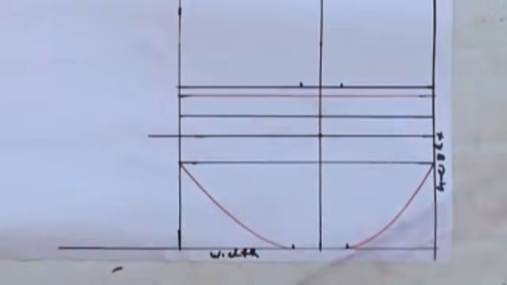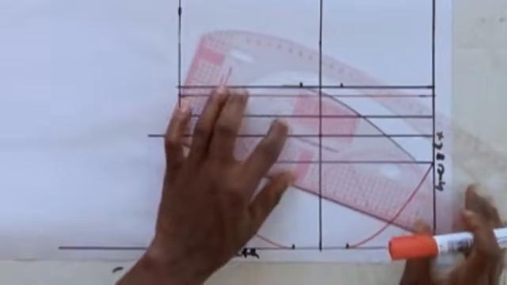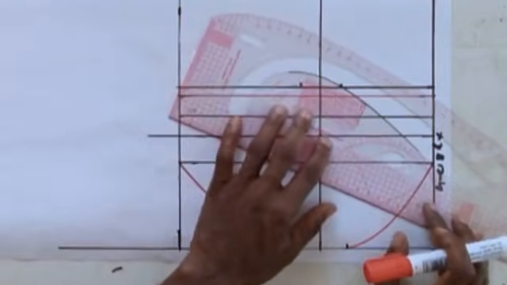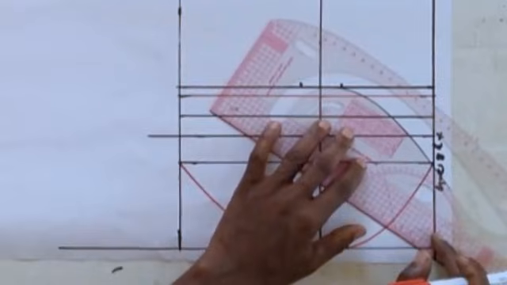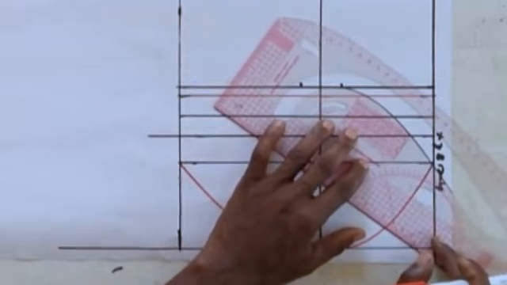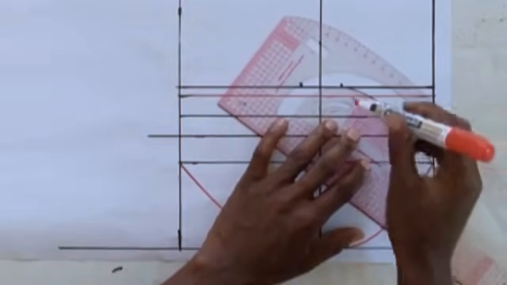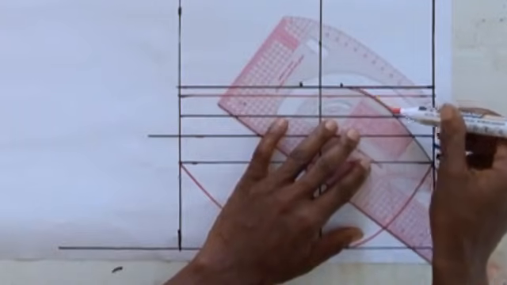So as you can see now, we are moving on, and here we are going to connect this to this as well. Just set your pattern master properly, and if you are making use of curve ruler as well, if you are making use of freehand, just feel free and take your time as well.